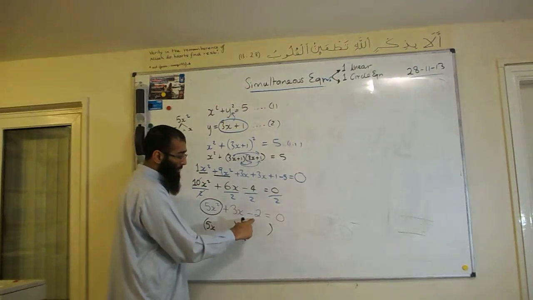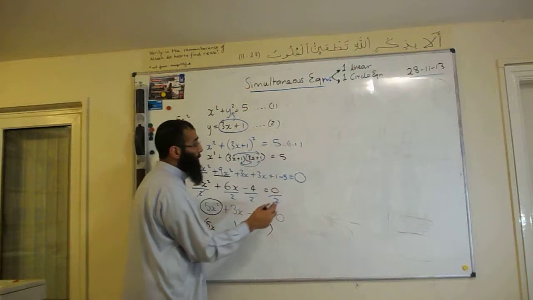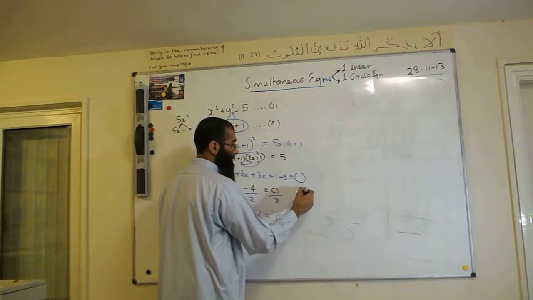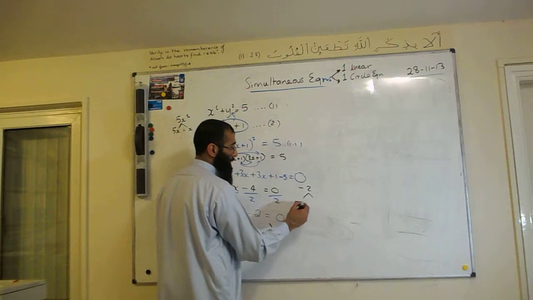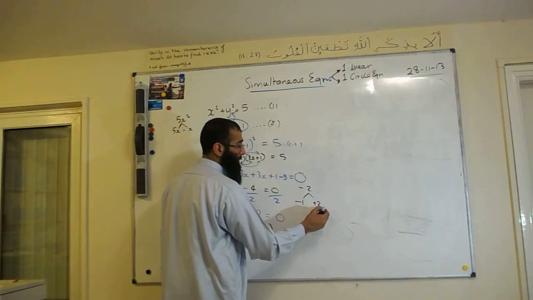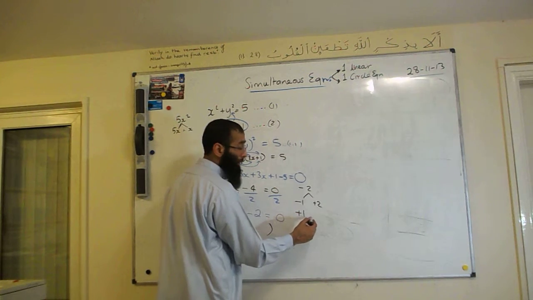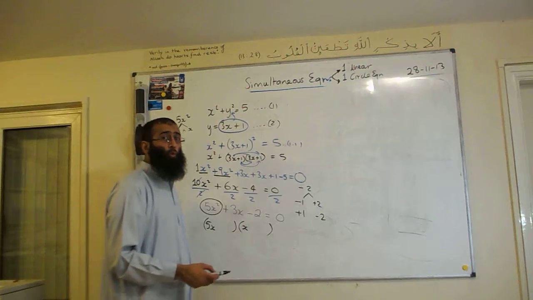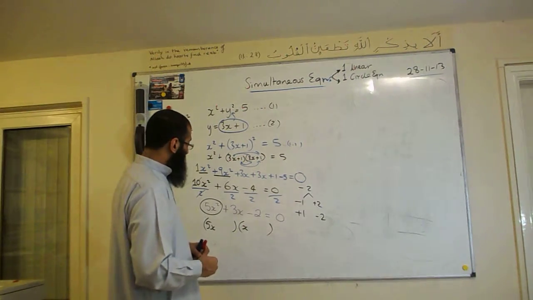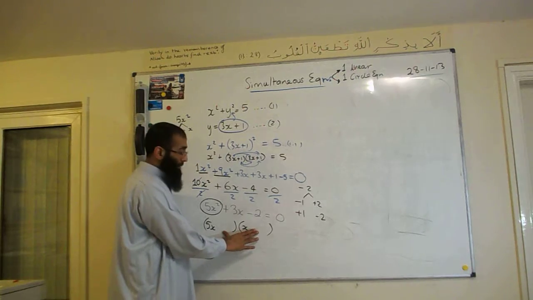Now, let's look at minus 2. We need to work out what two numbers multiply to give you minus 2. Minus 2 can be made up of minus 1 times plus 2, or plus 1 times minus 2. Now we need to think about putting these into the brackets.